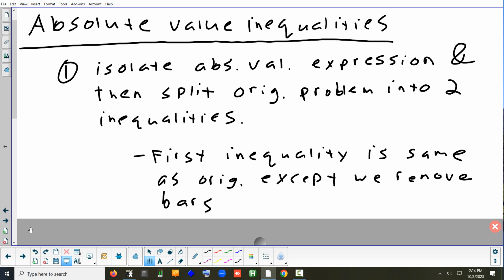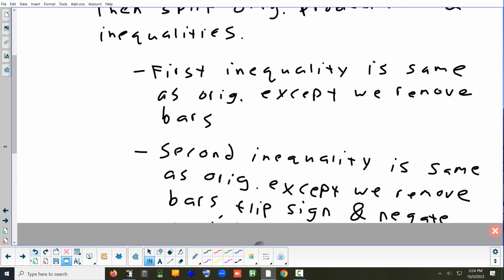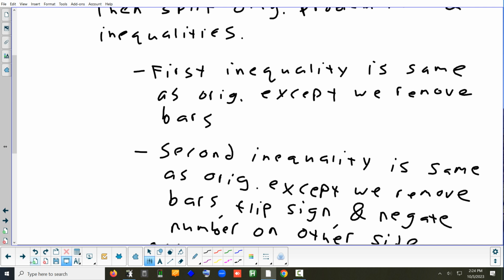Yep. We made the number on the other side negative. But now remember, we're working with inequalities. What else do we automatically have to do if we change the sign of something on the other side? We got to flip it. Yes. So that's the extra thing today. The second inequality is the same as the original, except you change the sign of the number on the other side, and you have to flip the inequality.